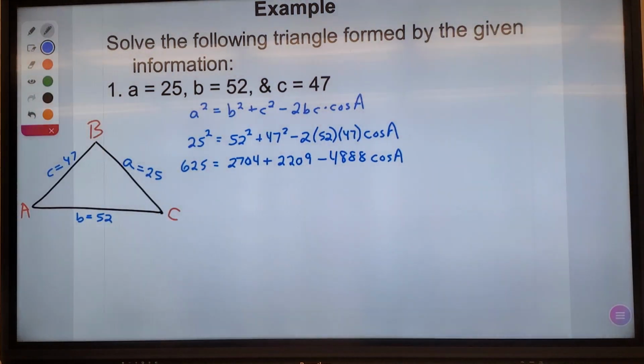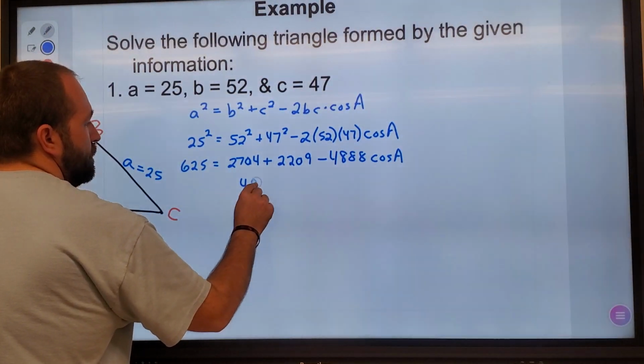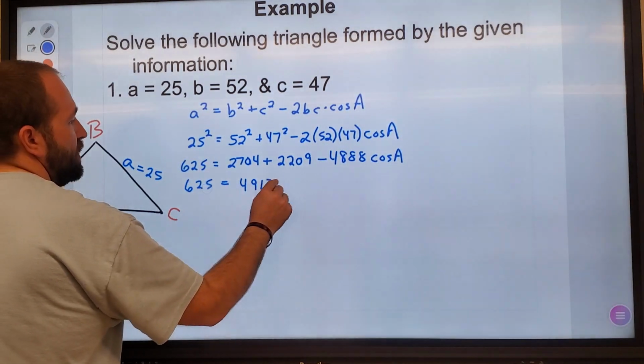Using order of operations, we're going to simplify this. I'm going to add the 2,704 to the 2,209. That's going to give me 4,913. The rest of this is just going to drop down.